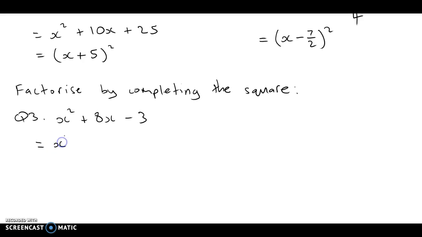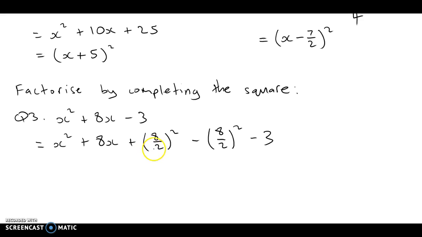So x squared plus 8x, we need to add on 8 over 2 all squared, so that's the b on 2 all squared. But to keep the expression balanced, we actually then need to subtract this 8 over 2 all squared, and then we've still got that minus 3 on the end.